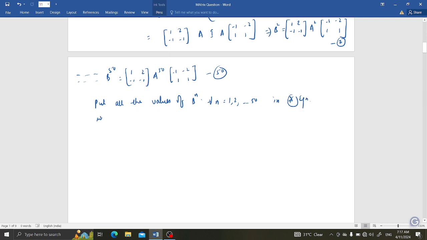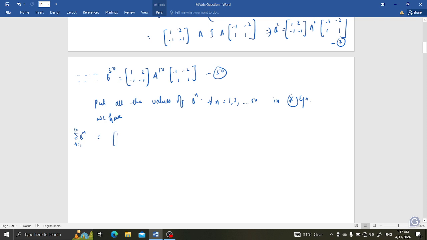We have the summation of B raised to the power n, from 1 to 50.